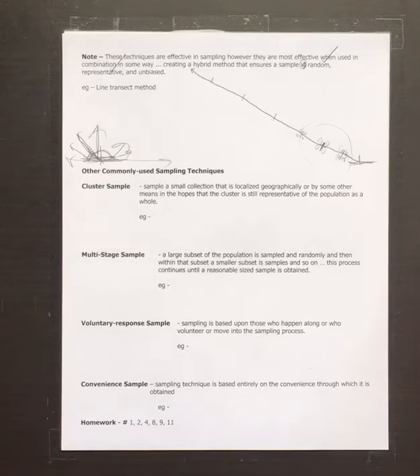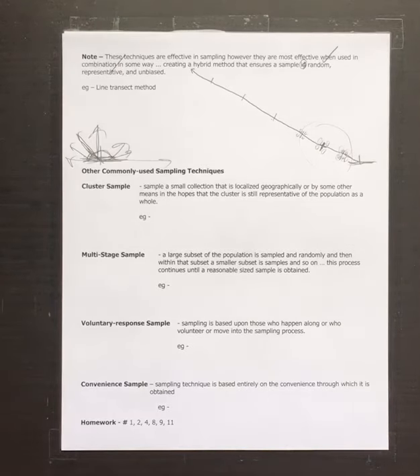Examples would be calling people up randomly and asking them to answer a survey, or you buy a product and there's a little customer satisfaction survey in there, and they say we'll give you a free this or free that if you fill out the survey. Then you keep getting people to come in and respond that way. That's a voluntary response sample, where if people are interested, they volunteer, and if they're not interested, they don't.